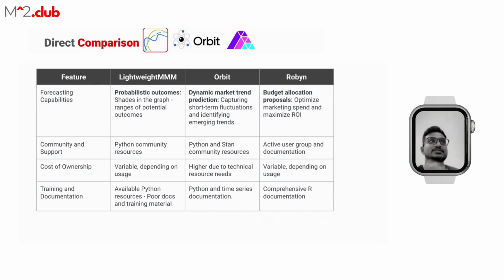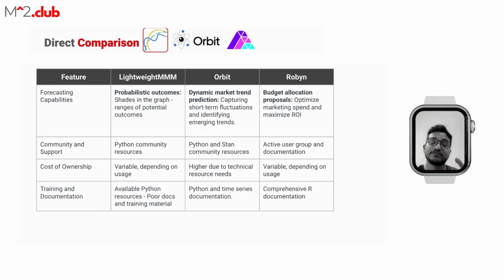Okay, and next one is forecasting capabilities. Lightweight gives probabilistic outcomes. When I showed you the Lightweight graph, you can see the shades, right? Those are the potential outcomes of the model. But Orbit is more about the prediction. You can see that the Orbit dynamic market trend predictions are very accurate.